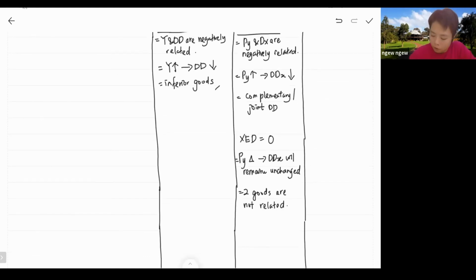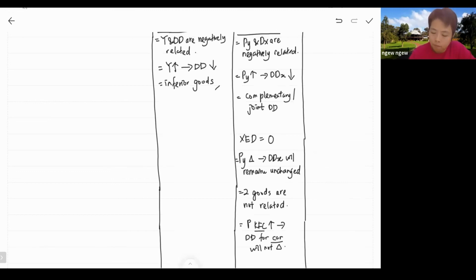So for example, when price of KFC rises, demand for cars will not change, because KFC and cars basically don't have any direct relationship. Okay, all right, that's the case for XED.